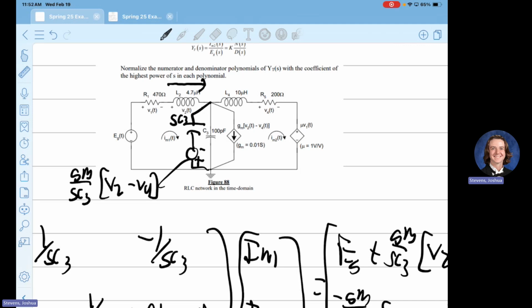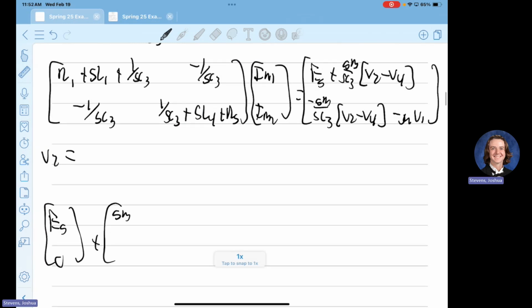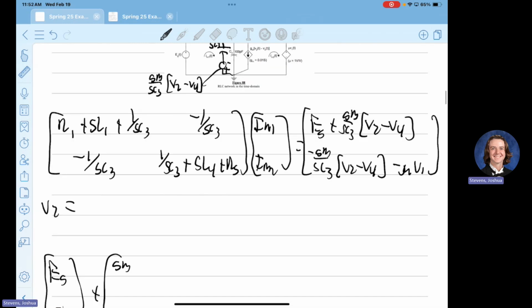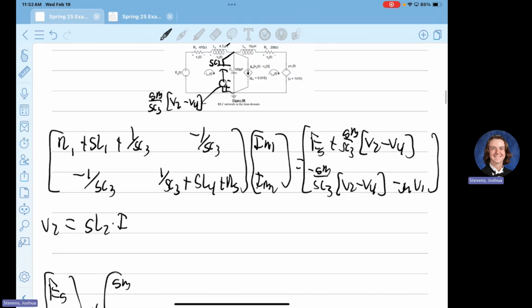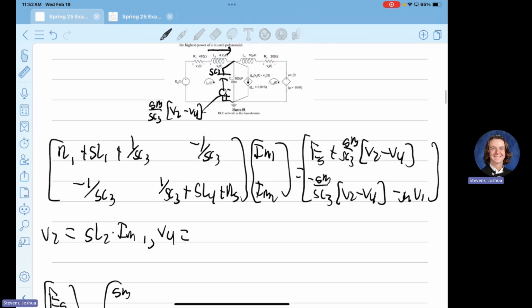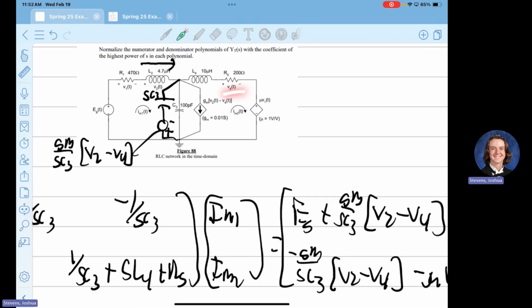We have the arrow of our current, and it's going the same direction as our current. So I agree, it's positive. That becomes SL2 times IM1. V4 is what? V4 is here in terms of mesh currents.